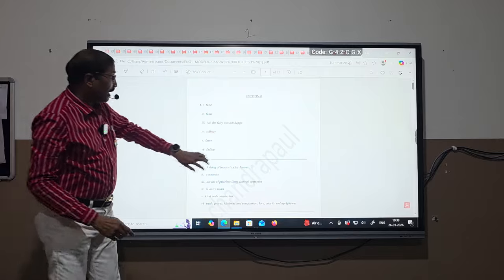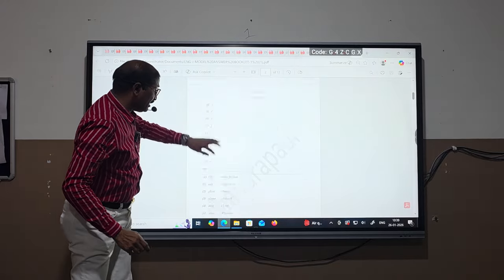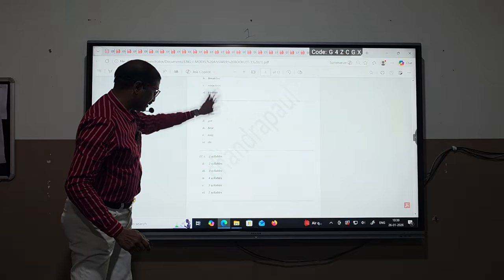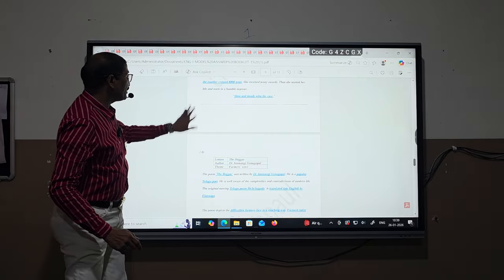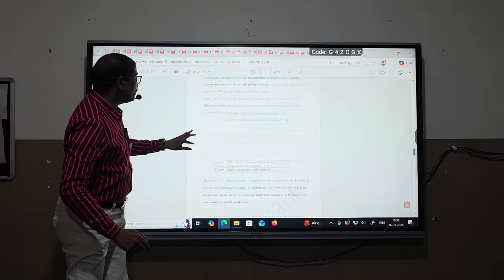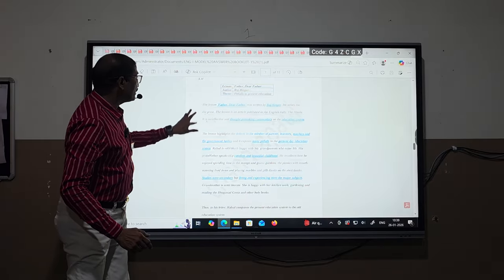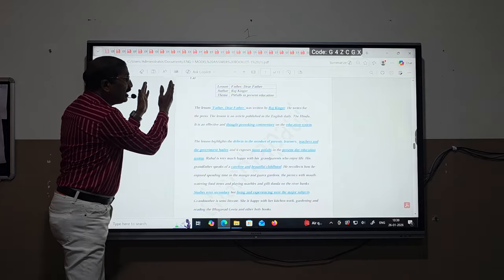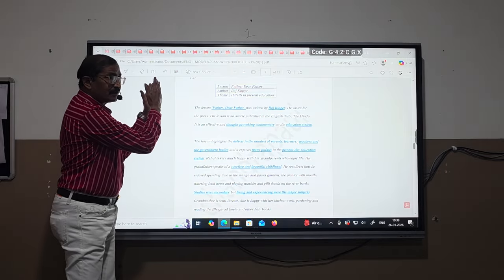And one more thing, when it comes to section A. Here, see how I mentioned the numbers. 1A, see how I made 1A in the margin.